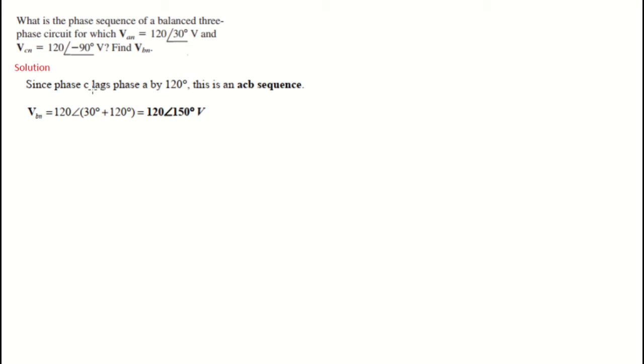Okay, let me write something here. So if you have A, C, B, so right now C is minus 90. The difference between A and C is plus 120 degree, so if you plus this value, minus 90 plus 120 degree, you will get this value here. So that's why the sequence is ACB, and for this one it should be 120 degree.